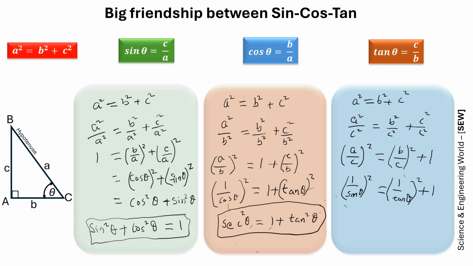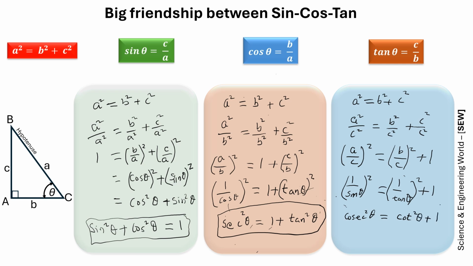So 1 over sine theta is cosecant. So we write cosecant squared theta will be equal to 1 over tan, which is cot theta, cot squared theta plus 1.